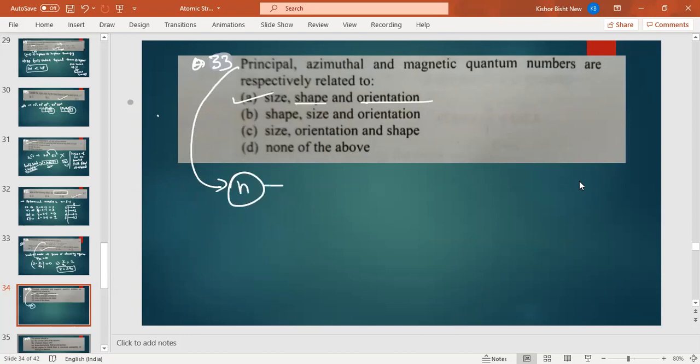This is the shell number, it is showing the shell. Shell means size, the value of n represents the size. And the azimuthal quantum number is represented by L, and it represents the orbital SPDF. And the magnetic quantum number shows orientation, where the electron is, and it is represented by m. So you remember: principal size, azimuthal shape, and magnetic orientation.